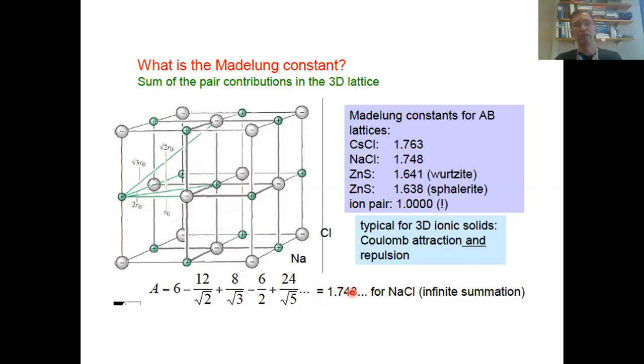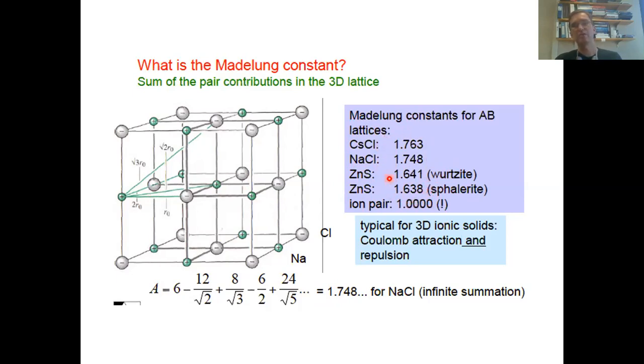Okay. Now I can do the same for the zinc sulfide structures, Wurtzite and sphalerite, or zinc blende, and you will see that this gives similar numbers. However, they are not exactly identical.